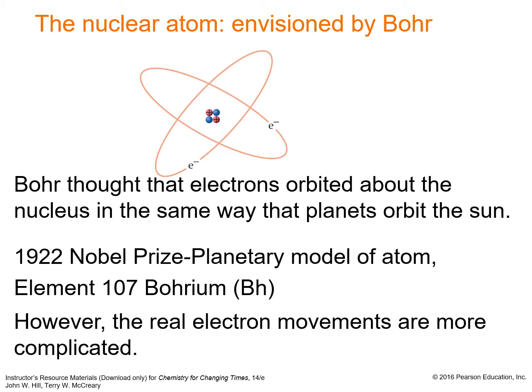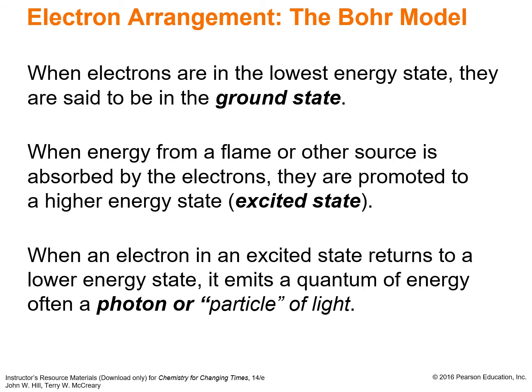But as I said, it was easy to explain this model when only one electron was involved. But when more electrons are involved, what happens? A new model will be introduced in a minute.